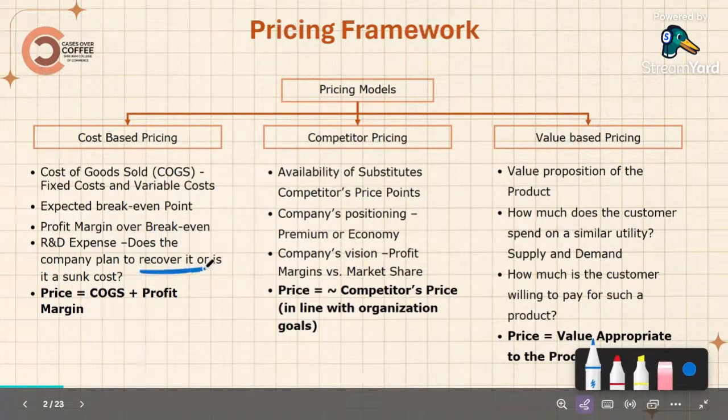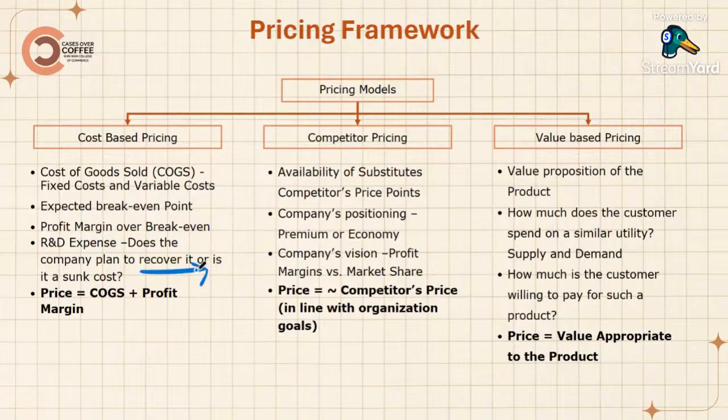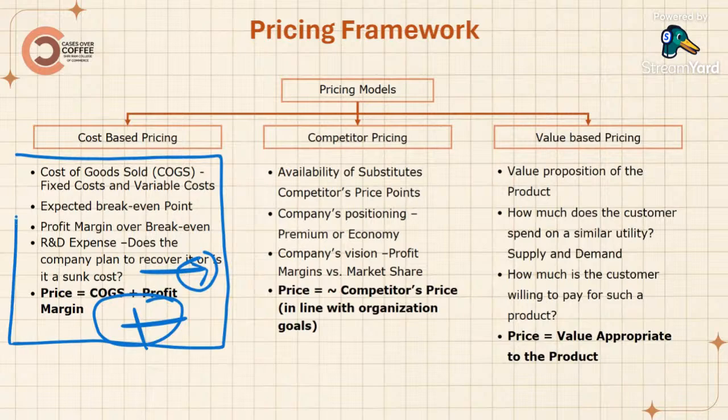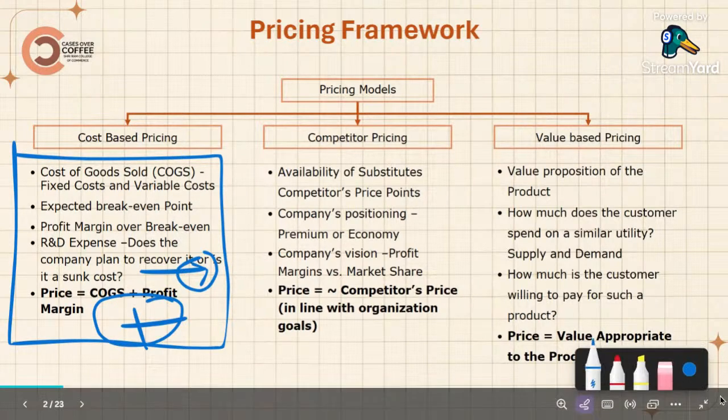In this case, it depends upon the company whether they want to recover it or not. If they want to, they'll add it to the cost component, and if they don't want to, then it will be considered as a sunk cost. And this is how we try to figure out what should be the price of the product based on the cost based pricing.